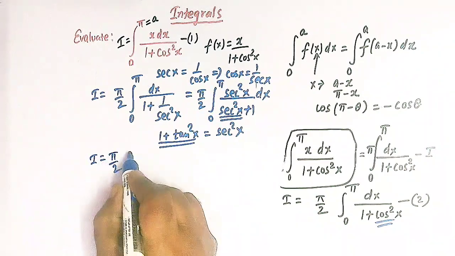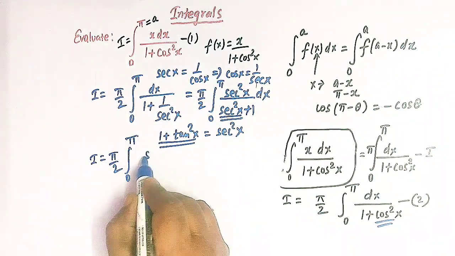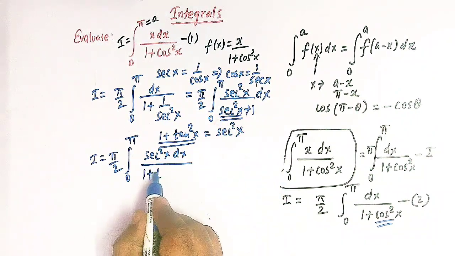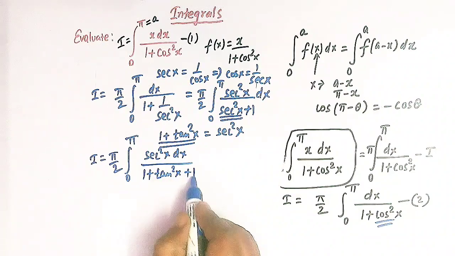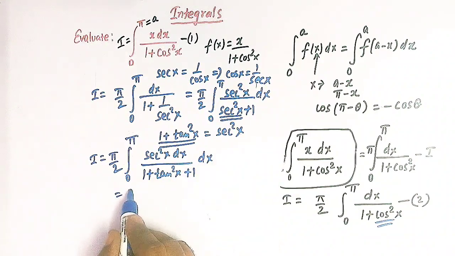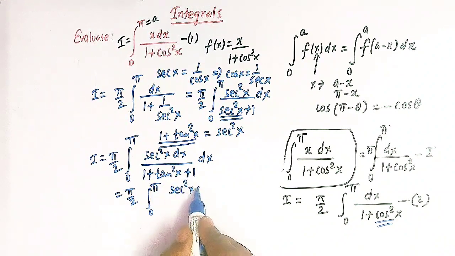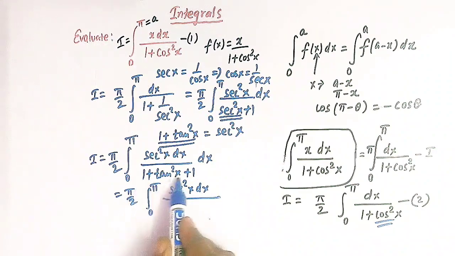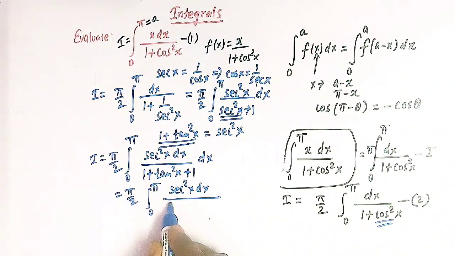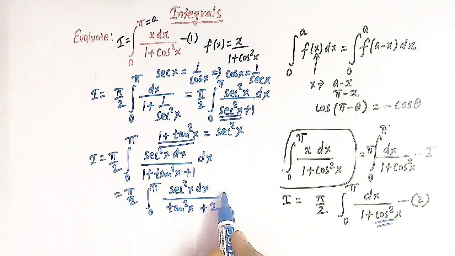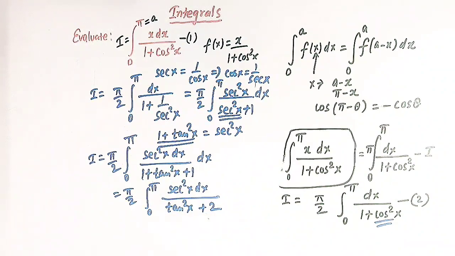This is pi by 2, 0 to pi, secant square x dx, and here we have 1 plus 1 is 2, so we have tan square x plus 2. Now we'll solve this integral by making use of the substitution method.